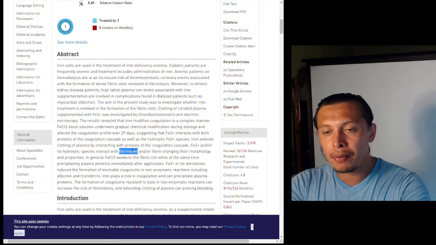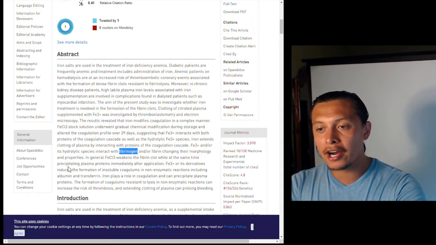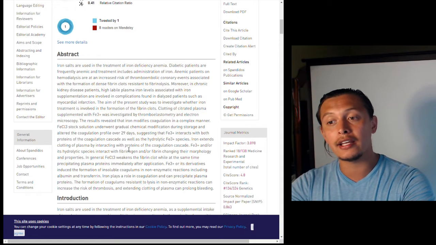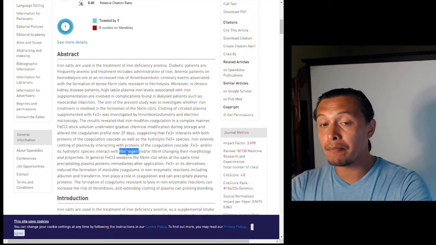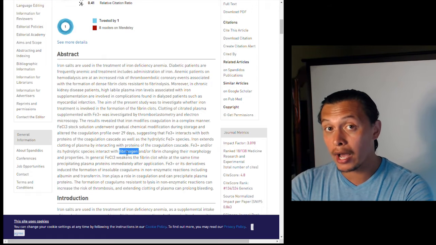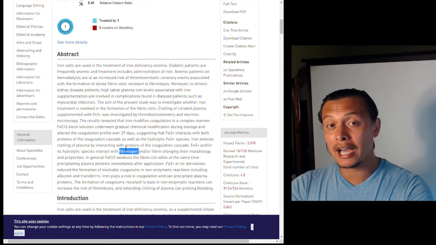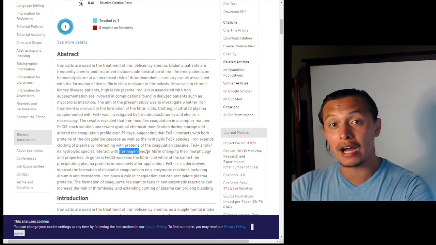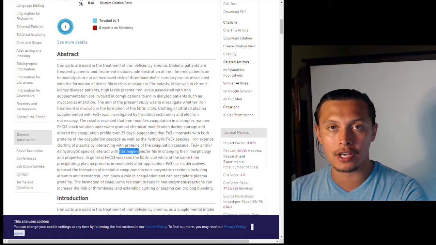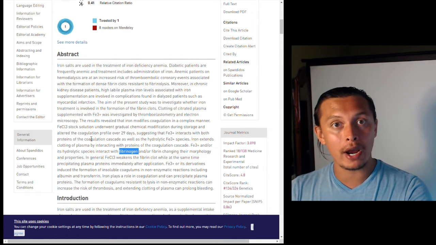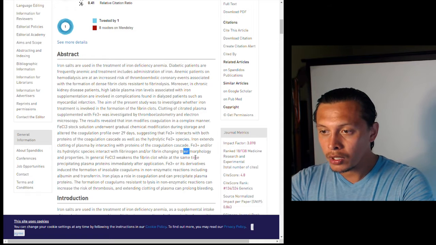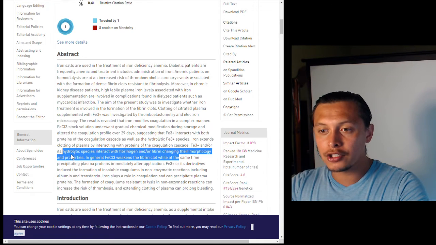Well, there is the possibility that this iron is directly interacting with fibrinogen and possibly causing it to polymerize, or it might be hydrolytically broken up into fibrin without thrombin being involved at all. So we need to be aware that that might be happening.